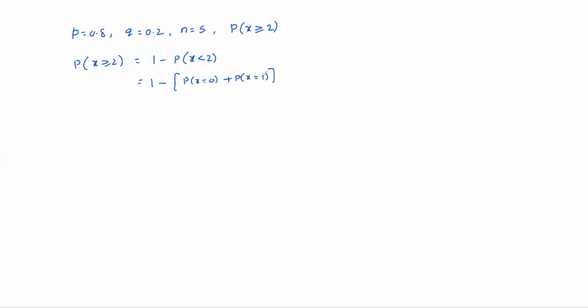Okay. So if you work out how much you will get, 1 minus this one, 5C0 into 0.8 to the power of 0 into 0.2 to the power of 5, plus 5C1 into 0.8 to the power of 1 into 0.2 to the power of 4, which is equal to 0.993.